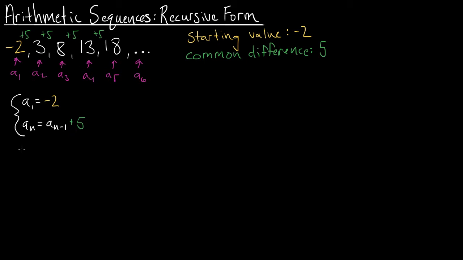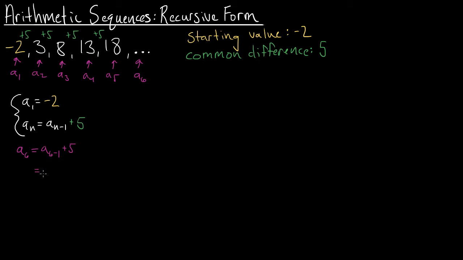Let's say you wanted to know what A sub 6 was, for example. Say that instead of the ellipses there, we actually wanted to write out the number. So A sub 6 is going to be equal to A sub 6 subtract 1 plus 5. And here we actually carry out the subtraction.